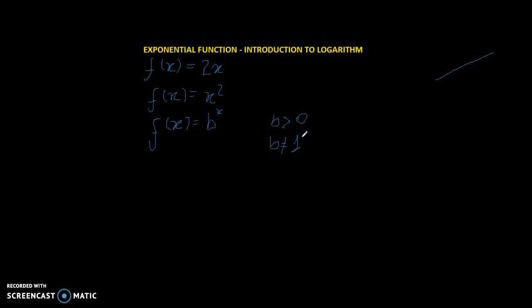In another video we will see a little bit of why this is. But for the moment, let's just remember that these are the two conditions. And the graph of the function looks something like this.